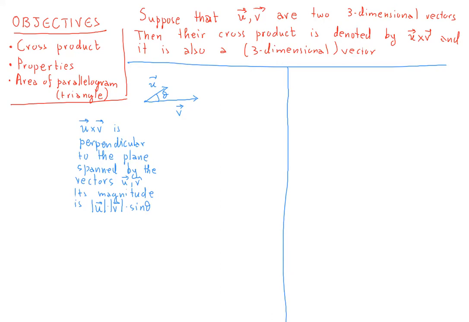And there are 2 things that this description leaves out. The first thing is, what happens if the vectors u and v are not spanning a plane? And when does that happen? It happens when they're parallel. If they're parallel, then they're really lying on one line, and you cannot define in some straightforward way a plane that contains those two vectors.